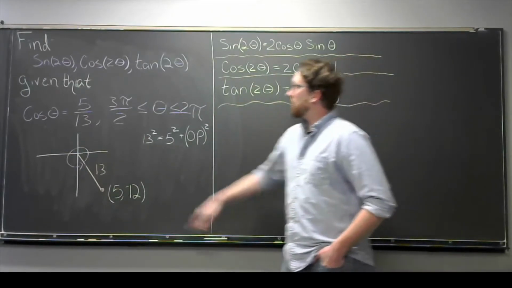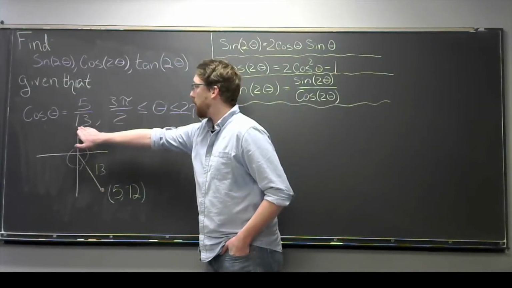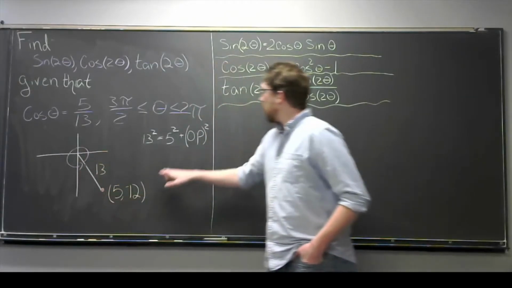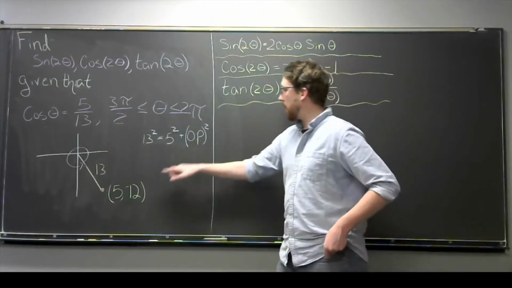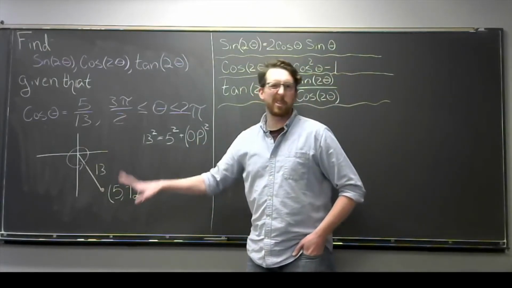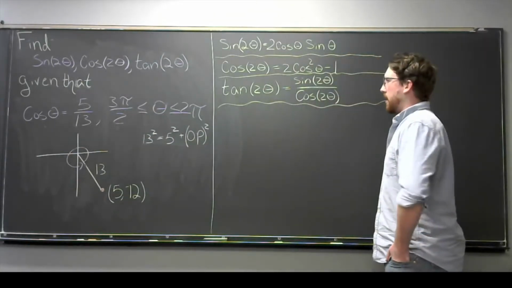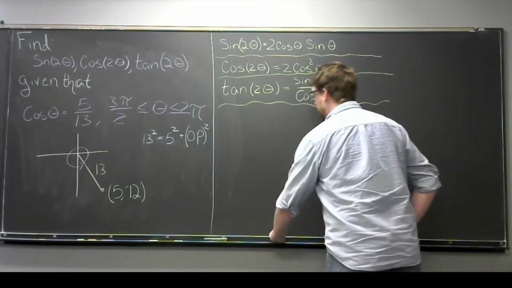And because we know x is going to be 5 and the radius, the hypotenuse, is going to be 13, we're able to set up an equation using the Pythagorean theorem to figure out what that y value is. Same thing we've done in the past, right? We've done this a couple of times now. Basically, I've got this triangle.